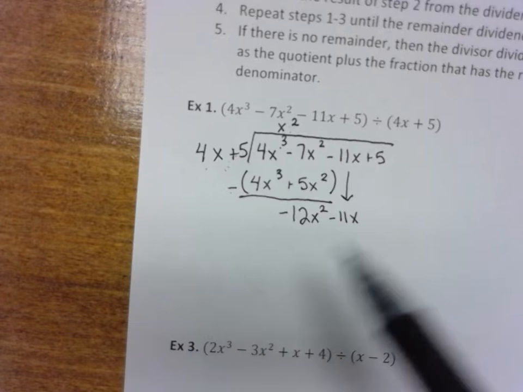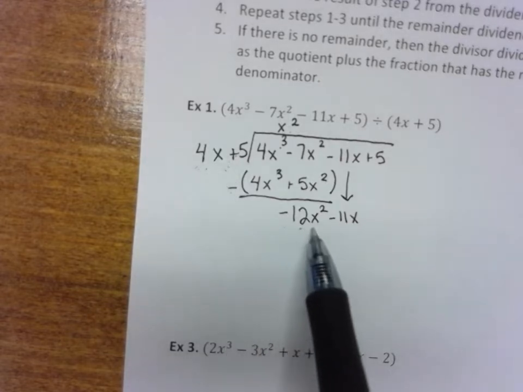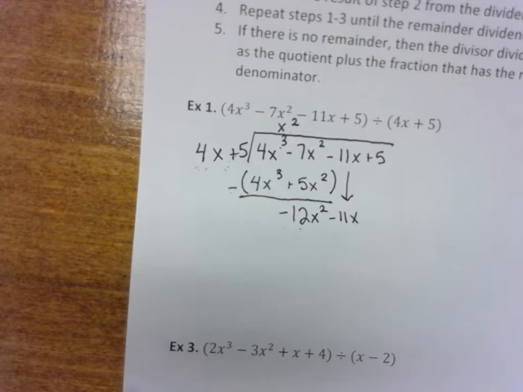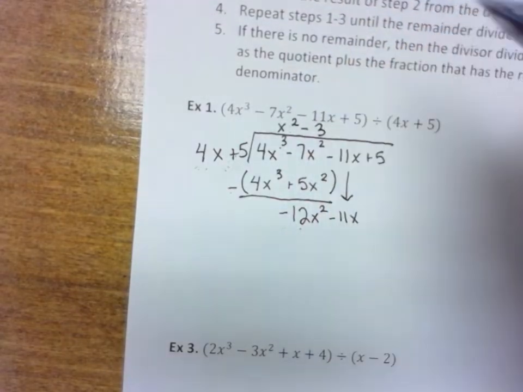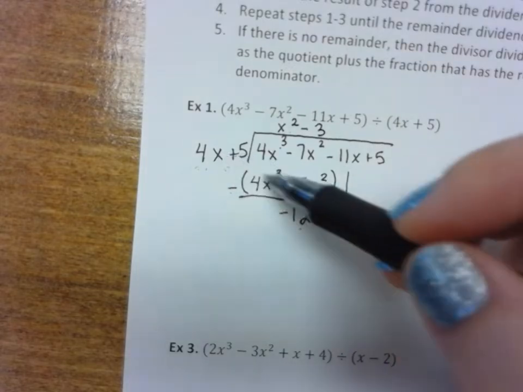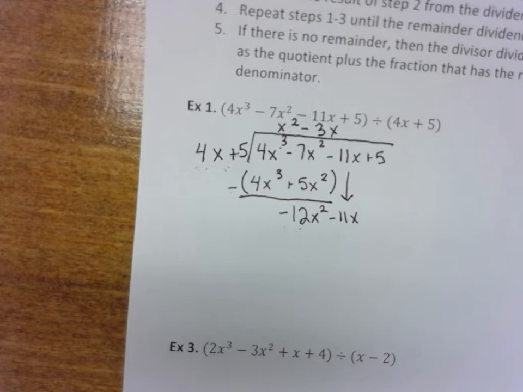So we're thinking, what do I need to multiply 4x by to get a negative 12x squared? Well, we definitely know that it has to be a negative to get the negative. And it looks like we need another x. So double check that there. Remultiply that out.